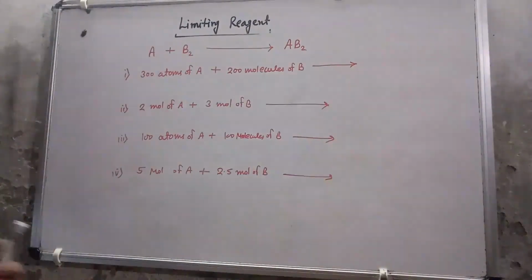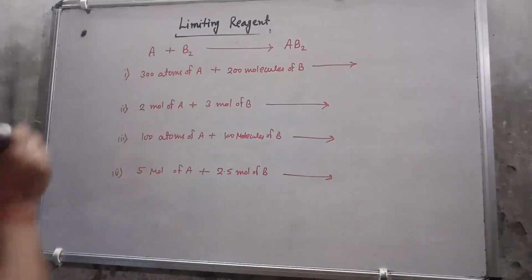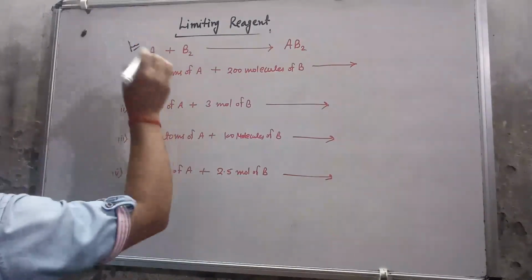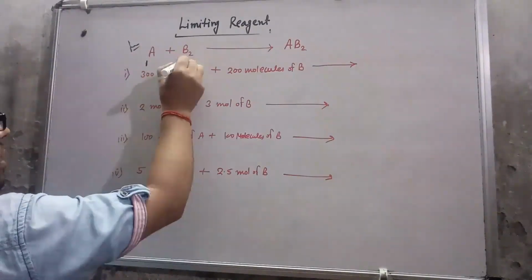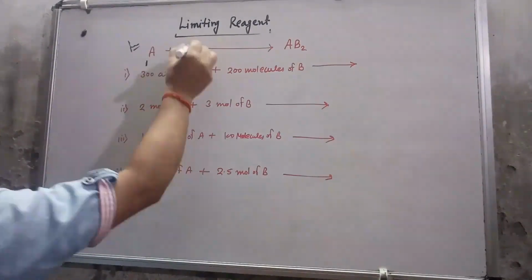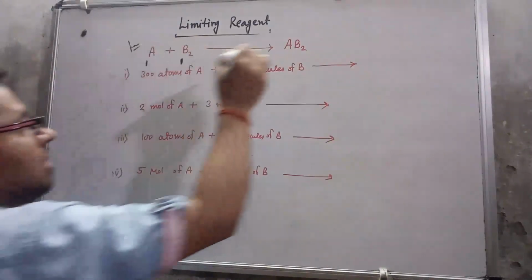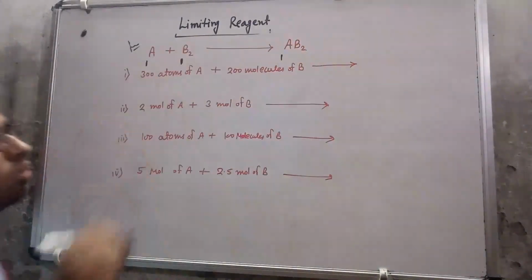One thing you keep in your mind, whatever is the limiting reagent will decide how much substance is going to form. Now in the general equation, one atom of A combined with one molecule of B, because B2 is one molecule, then it will give us one molecule of AB2.